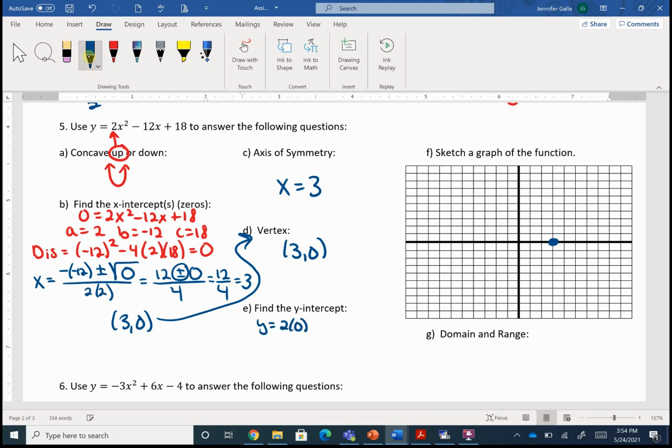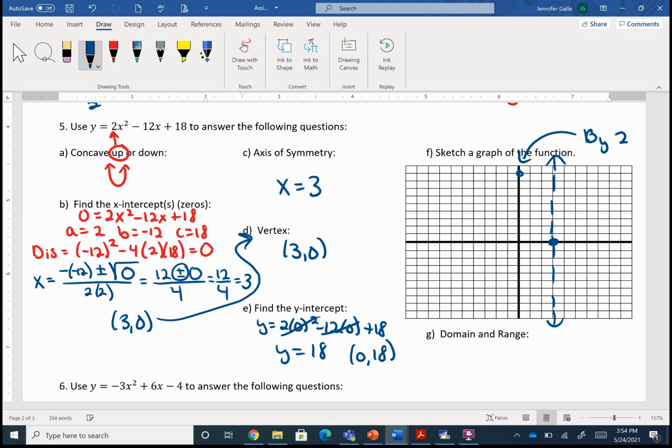Y-intercept, if you need to show yourself the zeros, you can. Otherwise, the y-intercept is always just our c value. 18 will not fit on my regular graph, so I'm going to have my y scale by 2.